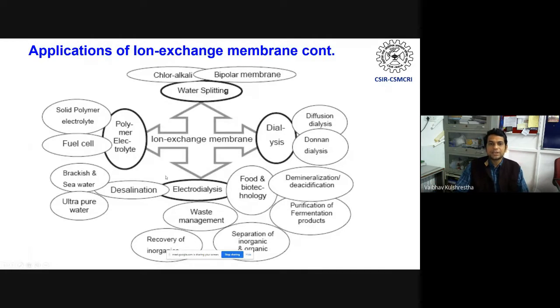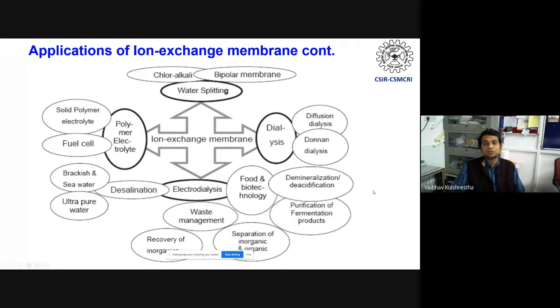The main application is electrodialysis, where we can desalinate water. It may be brackish water or seawater. We can also get ultrapure water by a combination of adsorption and electrodialysis, meaning the electrodeionization process, to get ultrapure water. It is also used for waste management, meaning recovery of inorganics, recovery of waste acid, and separation of organics and inorganics.